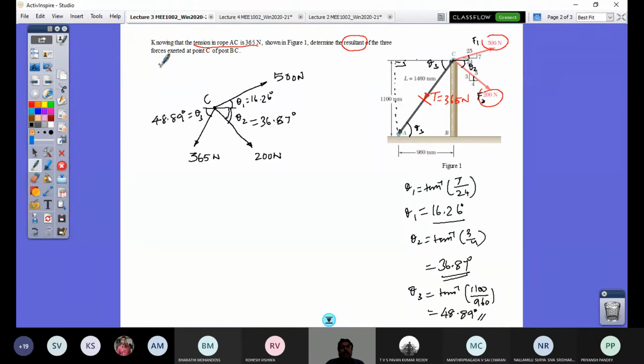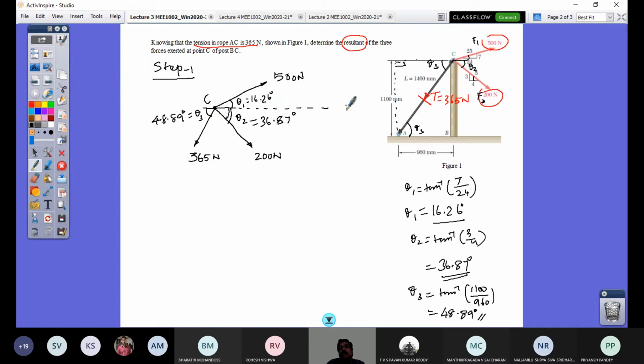This is step number 1 that you do. Step 1: you are given a rigid body post with an action of forces, and you are asked to replace that force system by its single force called the resultant. You understand here that the lines of action of all 3 forces pass through point C, so this is a concurrent system of forces. Now I can replace this by a single force by the steps that you learned in the last class.